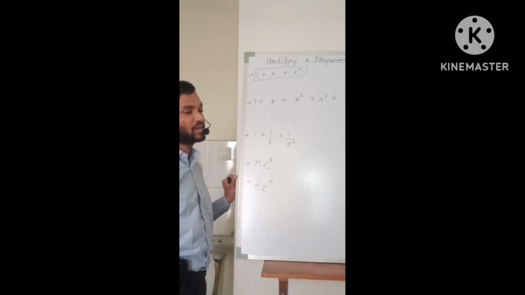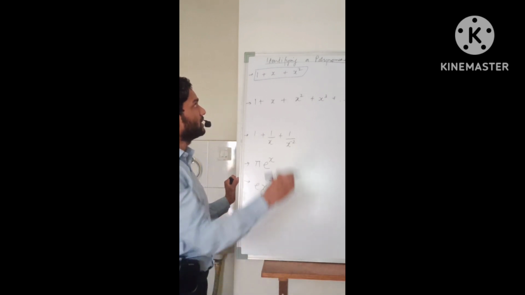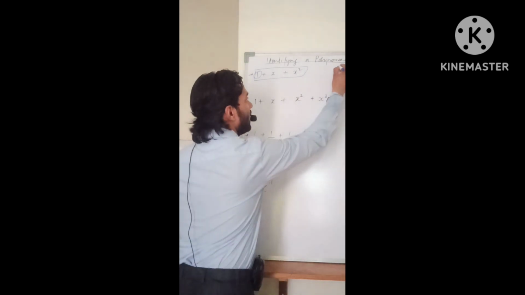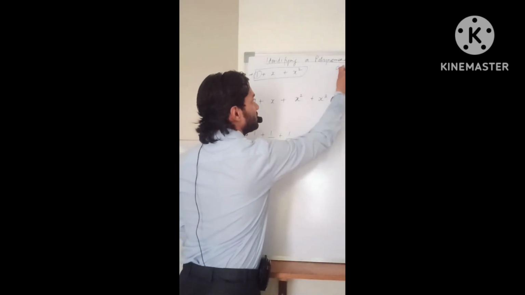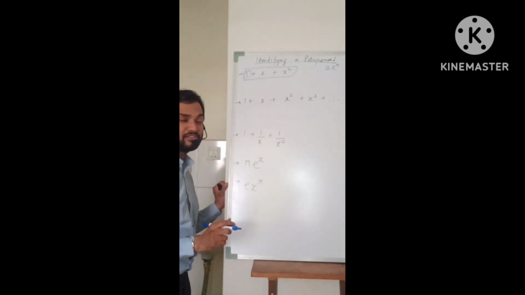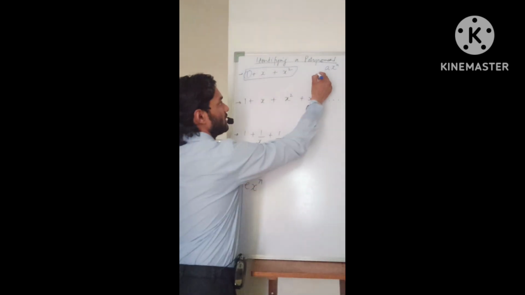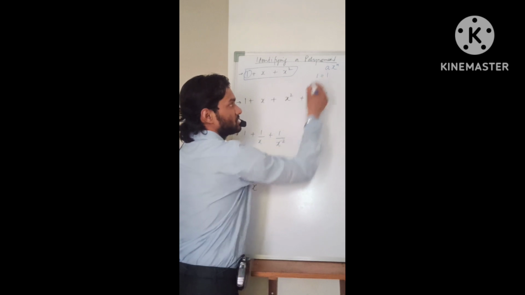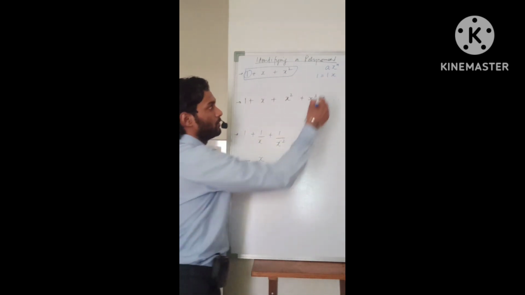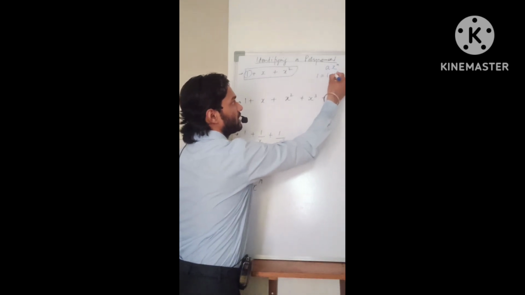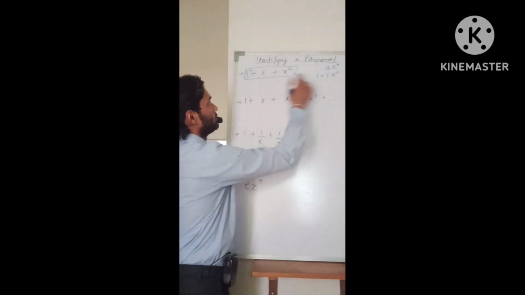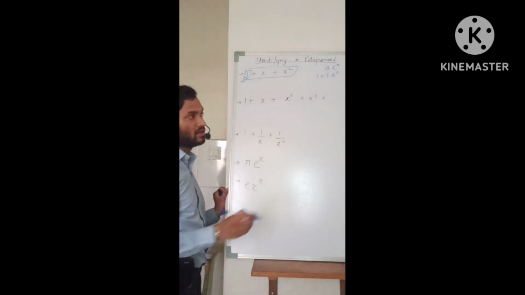We need to check every constituent term. The first term is 1. Do we have 1 written in the format a x raised to n, where n should be a non-negative integer? Yes, we can write 1 as 1 times x raised to 0: one constant multiplied with some variable, say x, whose power is another constant. So 1 is a polynomial term.